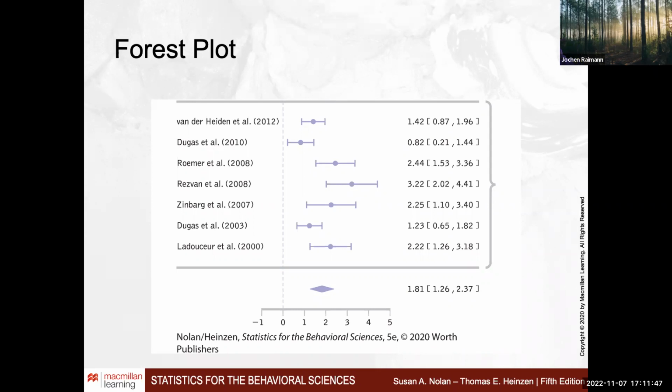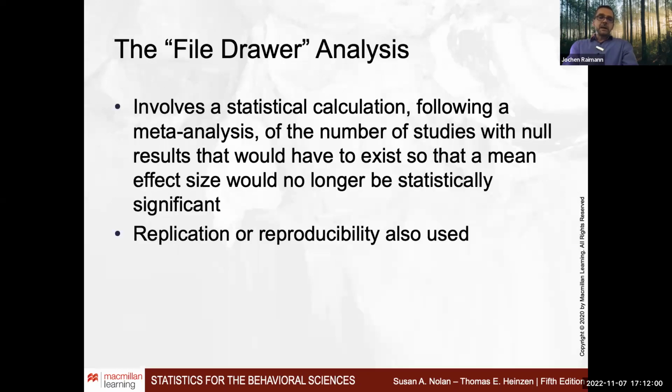So you would make additional rows and run the model over the rows with the 0. There are algorithms and functions that you can use. R actually has some pretty good packages for that. So that's the file drawer analysis.